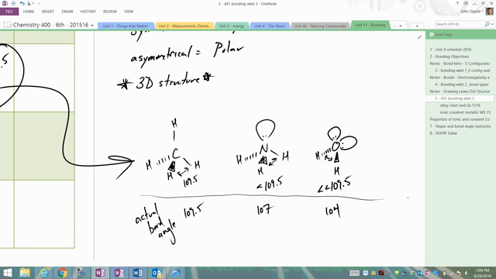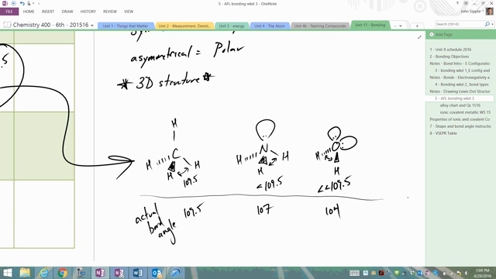bonds, right? Okay. And then with water, we got two lone pairs, so the bonds that are holding onto the hydrogens there, on the oxygen, are pushed down even more, right? They're being squeezed down even more there, right? So that goes down to 104, it's like 104.3 degrees, okay?